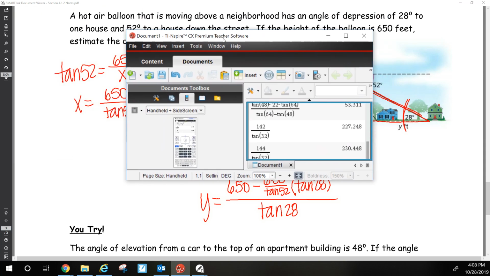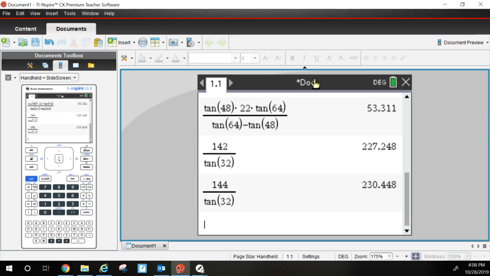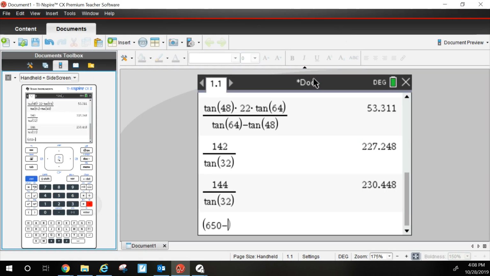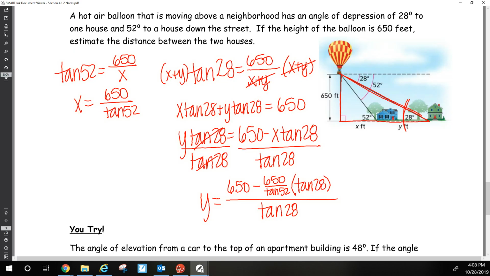All right, so let's put that into a calculator and see what we get there. So in my numerator I've got 650 minus 650 over tangent 52.